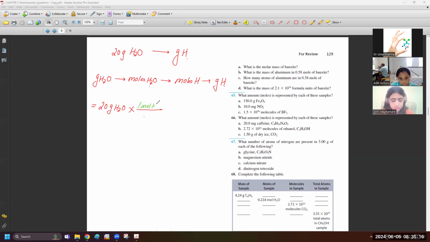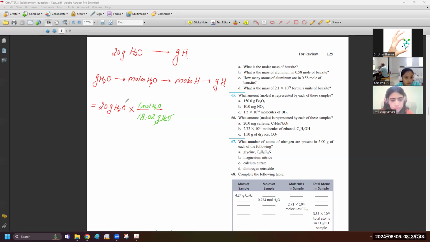Very good. And then on the bottom, why are you getting a number? Wait, Avni, why should we get the number? I need something in grams here so that gram and gram cancel. So molar mass, 18.02 grams of water, molar mass.